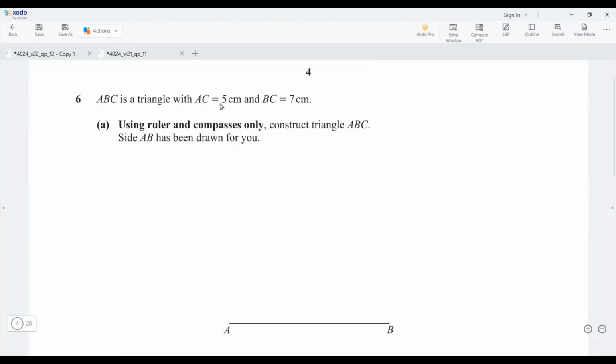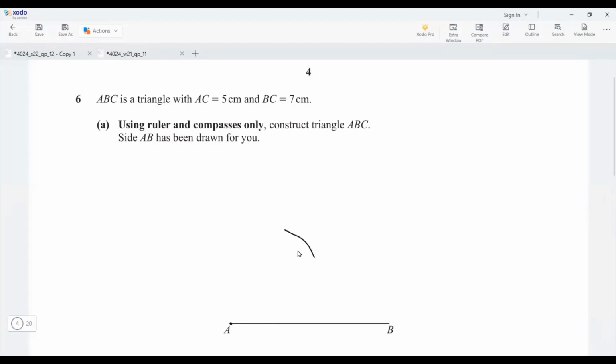You can see AC is 5 centimeters. C must be any other point, either below or above this line AB. It will be fine, no issues at all. So open your compass to 5 centimeters, put the compass needle at A, and construct an arc of 5 centimeters, which will look like this.